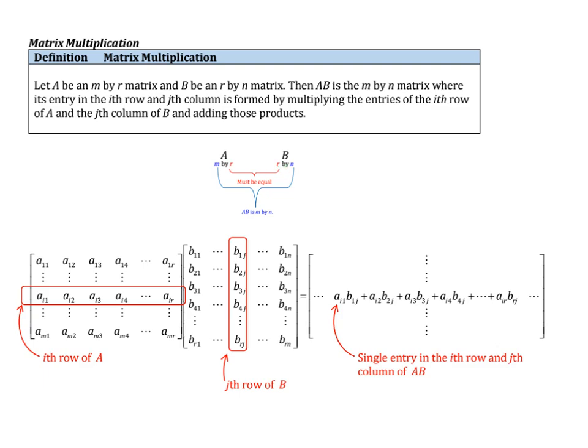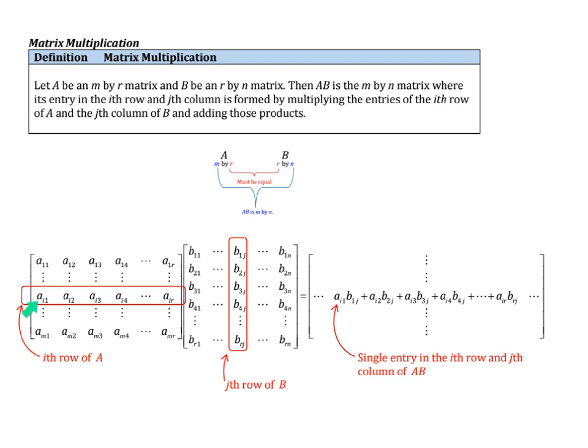And now, any entry in the product is obtained from looking at row, then column products. So, if I'm looking at the ith row and jth column of my product, I look at the ith row of my first matrix and the jth column of my second matrix, and I multiply corresponding entries.